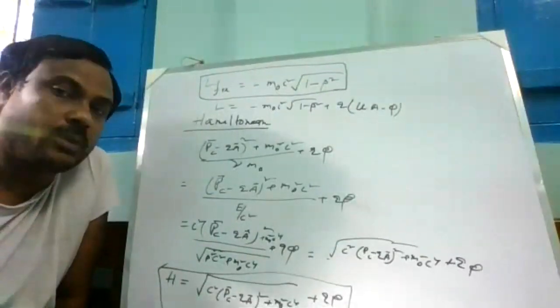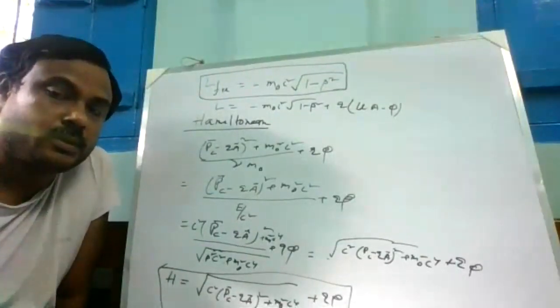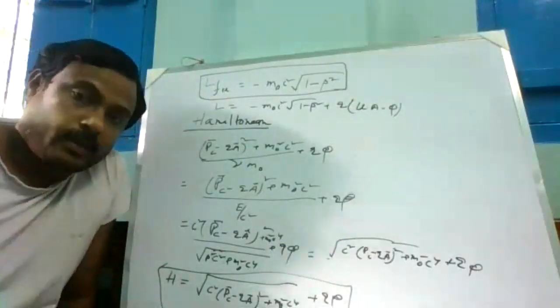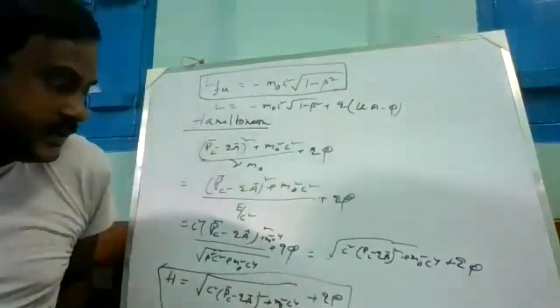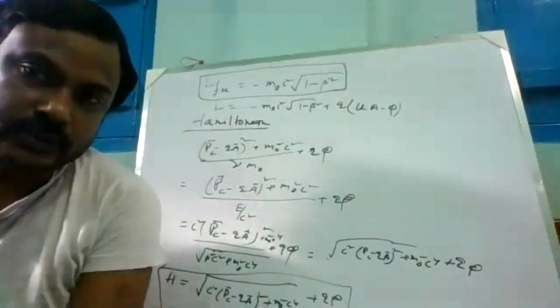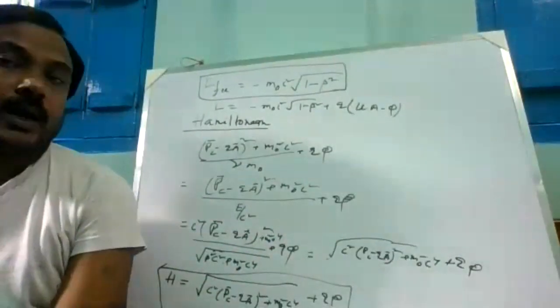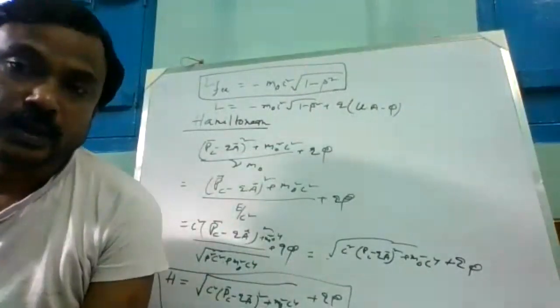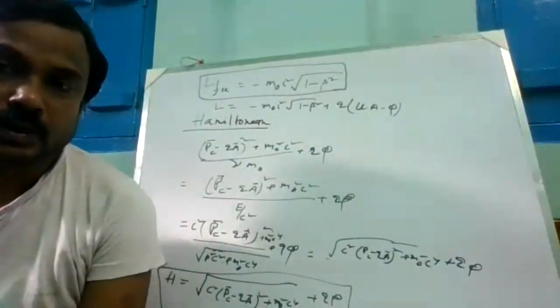So that is all about fields, electric and magnetic fields, and then their corresponding covariance formulation, and ultimately the Lagrangian and Hamiltonian of a free particle.